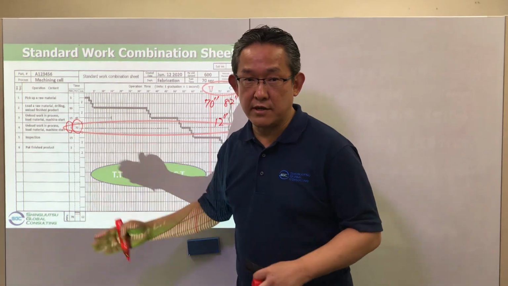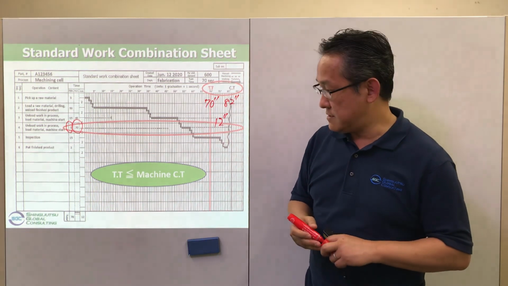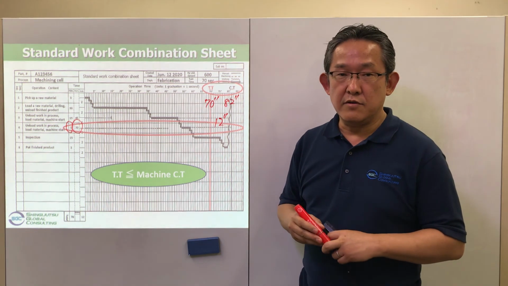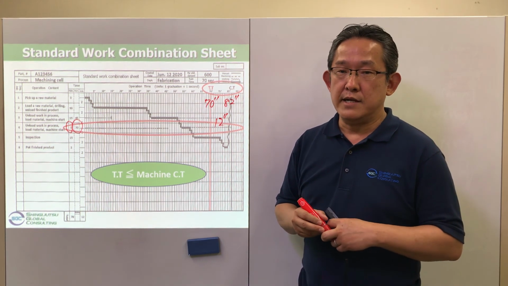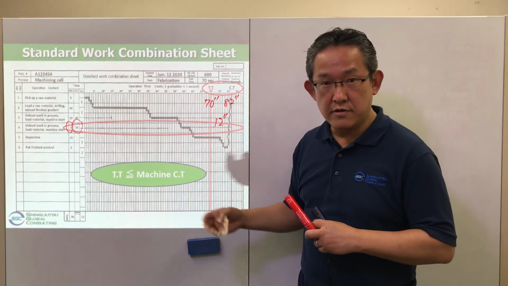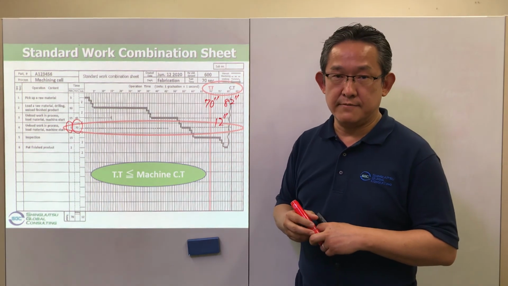Therefore, the machine cycle time and automated process time need to be reduced there. It is necessary to reduce the machine cycle time by changing the program and getting rid of any wasteful machine movement.